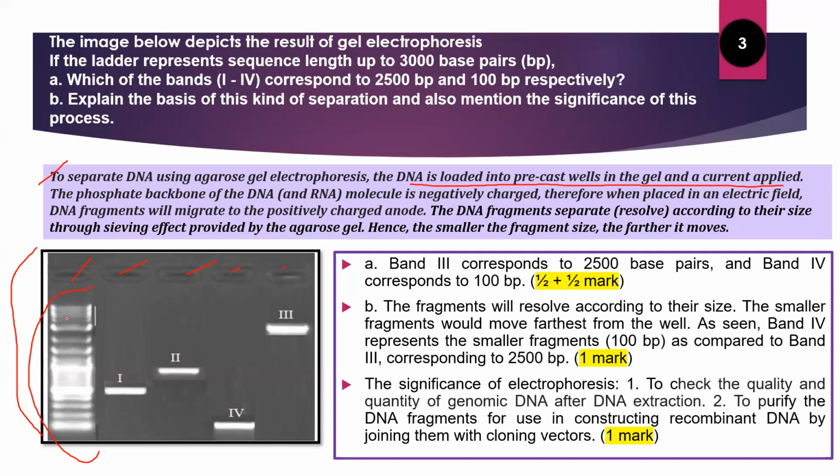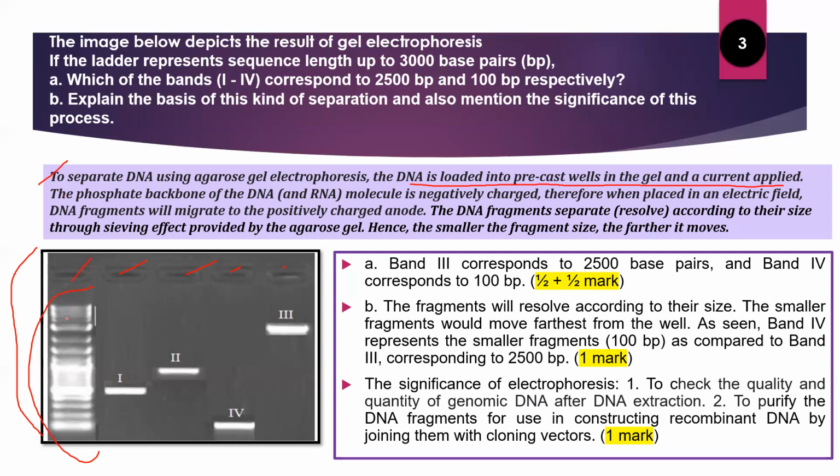And you have a sieving effect of the gel. Because of the cross-links between the polymeric chains, there are certain porous structures within, and the DNA threads tend to move through these pores according to their size on application of electric field.